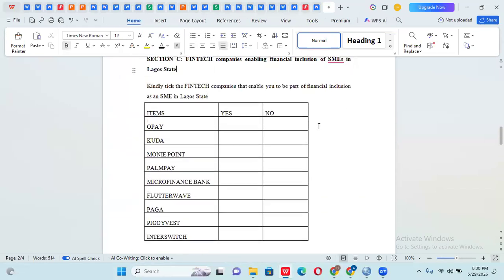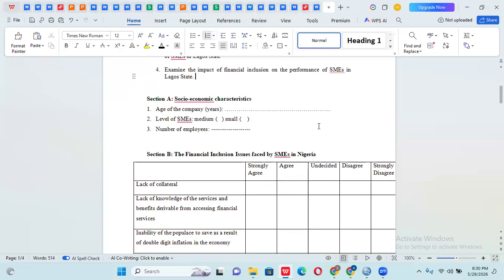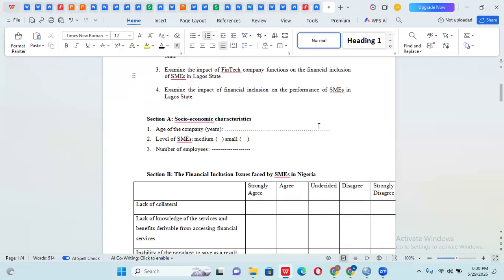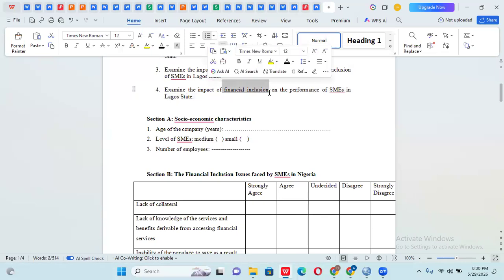Okay, now let's go down. What was the 3rd objective? It's saying the impact of financial inclusion on the performance. So for this 3rd objective, we have the impact of financial inclusion as 1 variable, and performance as another variable. We have the financial inclusion table already. Am I right? You've measured financial inclusion already.